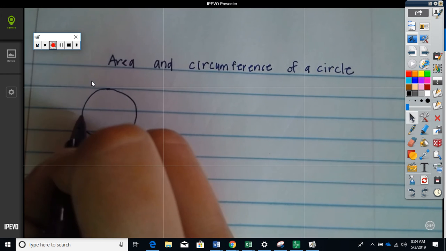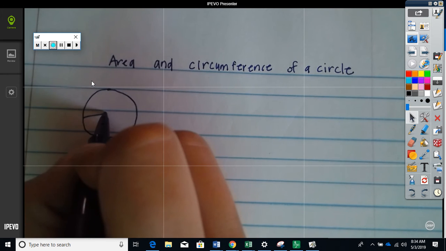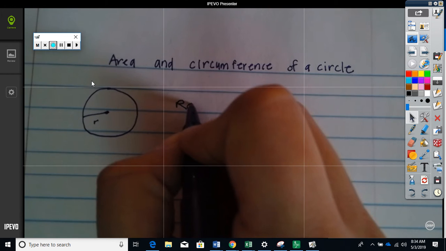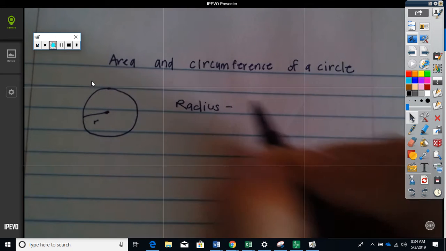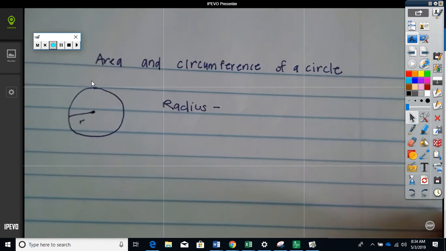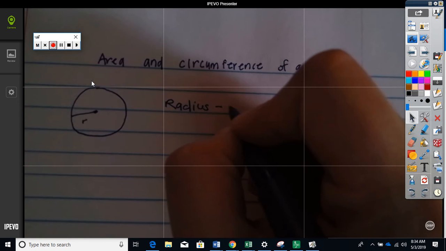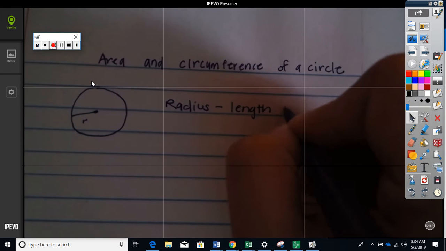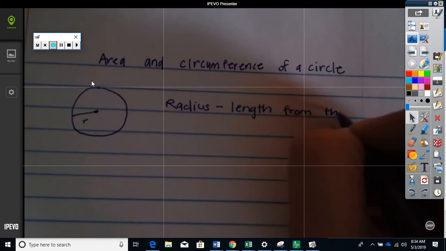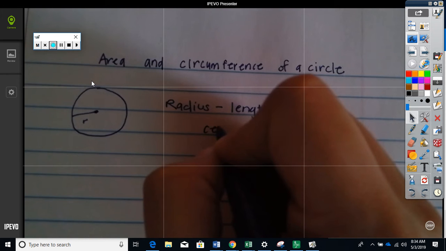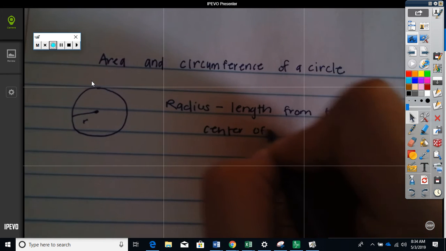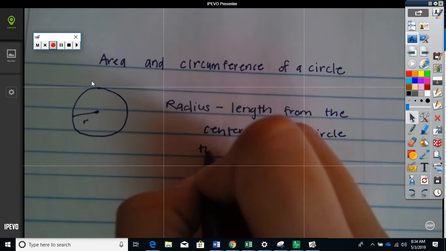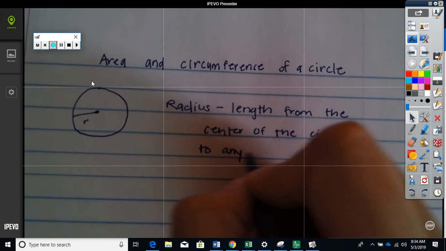So we have a couple of things. We have the radius. And a radius is the length from the center of the circle to any point on the circle.